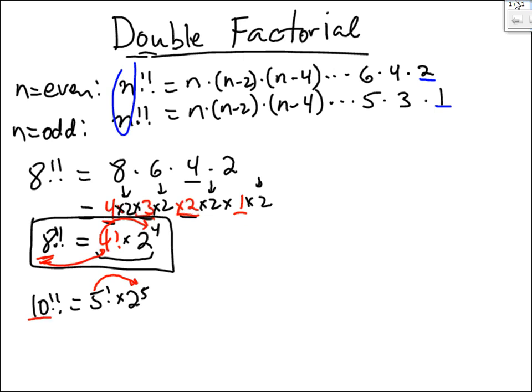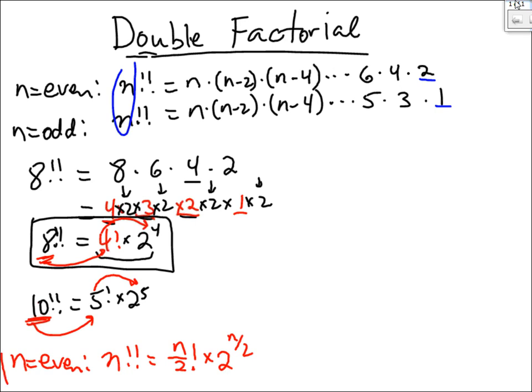That's how you got the 4. How did we get the 5? We took half of that number. So if n is even, I maintain that n double factorial will be n over 2 factorial times 2 raised to n over 2.